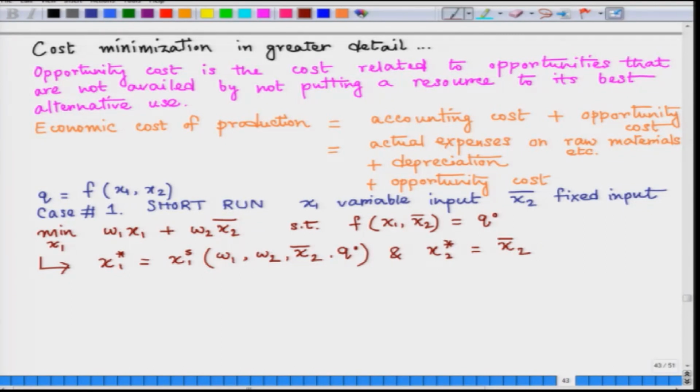If I now plug these x star values, the optimized values of input, in the cost equation, what do we get? I get what is known as the Shortrun cost function.